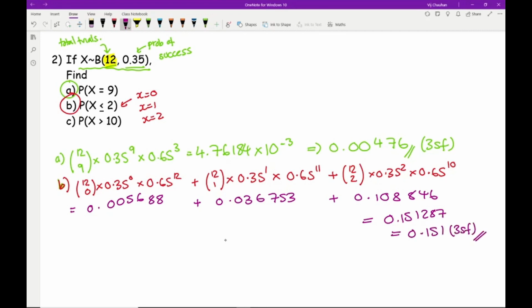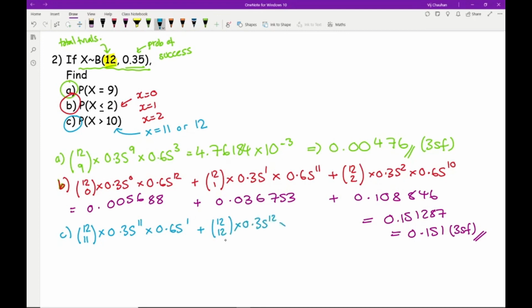And then finally for C, let's do this in blue. More than 10 basically implies where x equals 11 or 12. So for C, all I need to do is 12 choose 11 times 0.35 to the power of 11 times 0.65 to the power of 1, plus 12 choose 12 times 0.35 to the power of 12 times 0.65 to the power of 0.